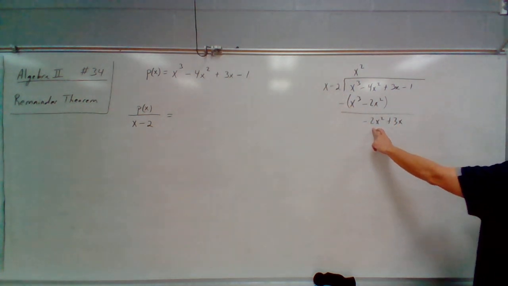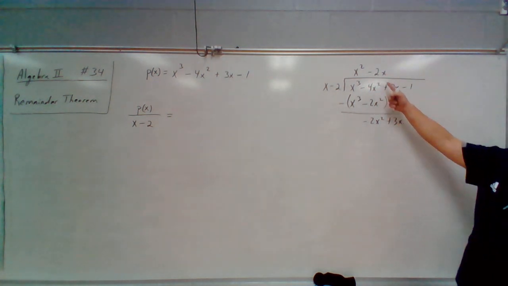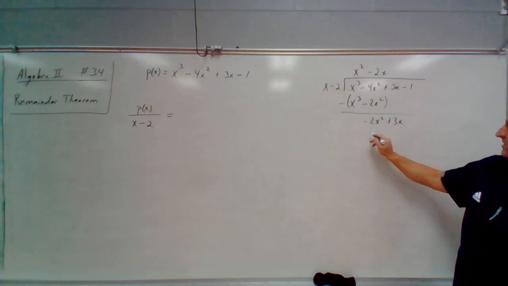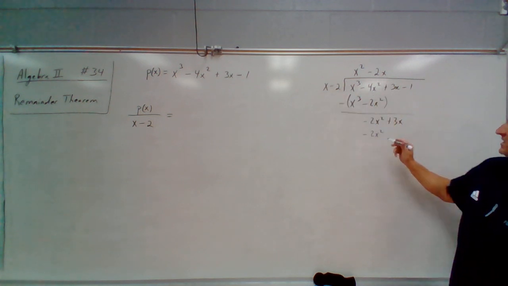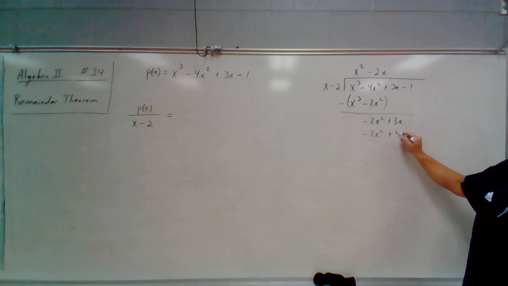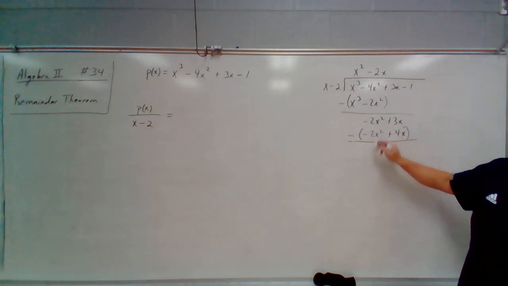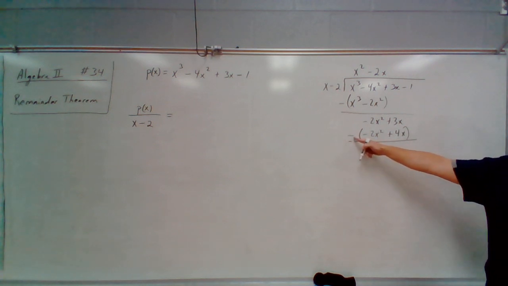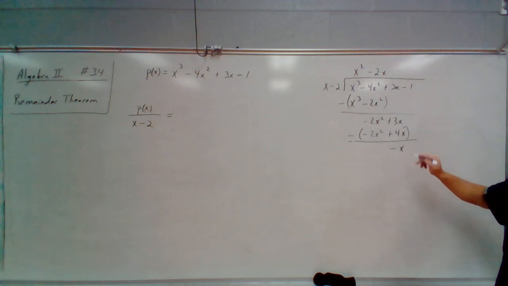Bring down the 3x. X will go into this minus 2x times. So minus 2x times that is minus 2x squared. Negative 2 times that would be plus 4x. Subtract all of that. Those go away. This would be minus 4x. So I have 3 minus 4, negative 1x.